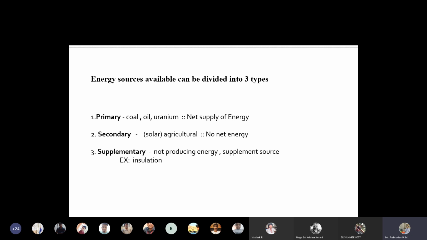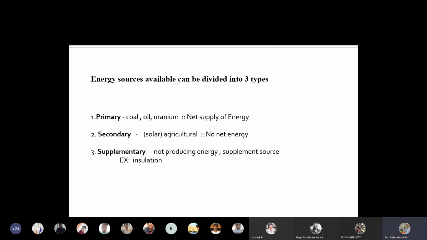More than 50 to 60% of the energy will be easily released from the fuel. But in the secondary case, what happens? It takes a lot of energy, a lot of effort, but what it produces is very negligible. That means there is no net energy. Though it produces energy, the net energy is less. Net energy means what you give and what you take.